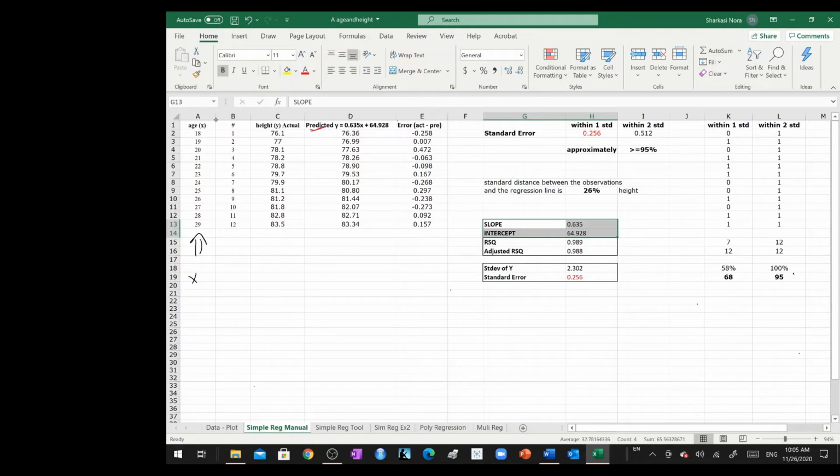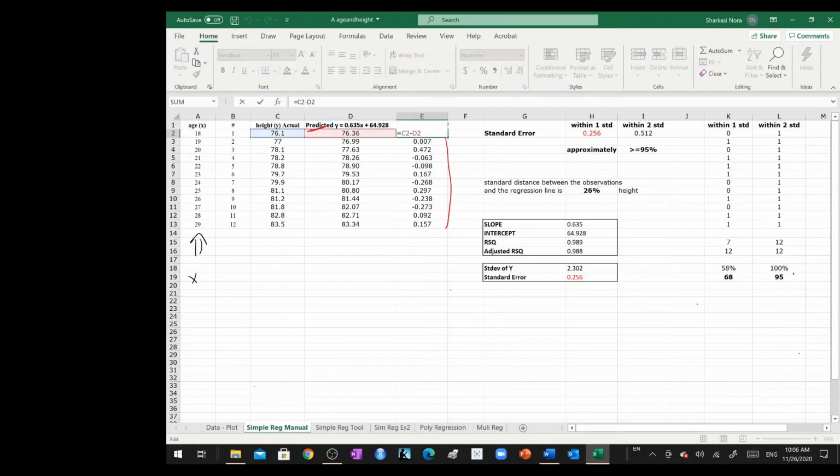All right. Having said this, we use this linear model to predict the values, and then we use it to find the errors. The errors are basically nothing but the actual value given to you here minus the predicted value. Actual minus predicted gives the errors of the model. And to find how good they are, or how far out they are from the standard error, you need this formula.